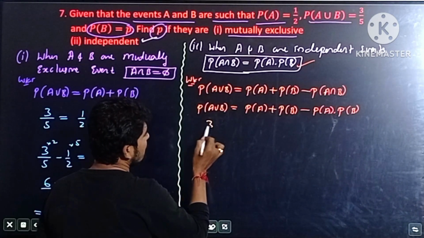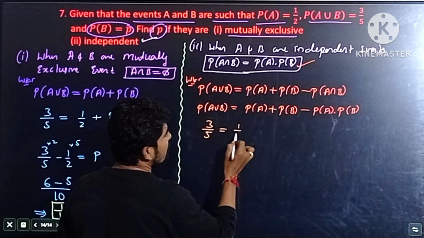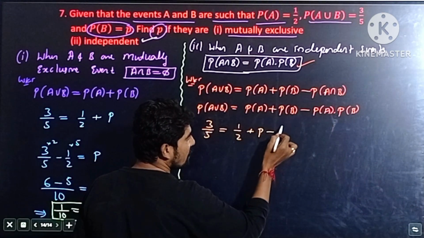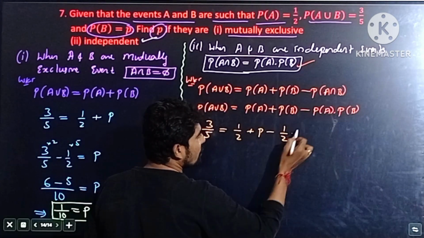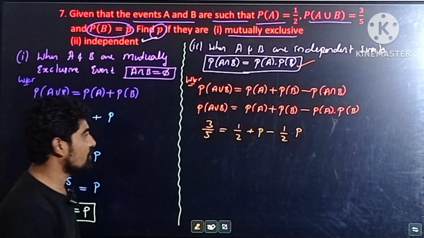Probability of A union B is 3 by 5, equal to probability of A, which is 1 by 2, plus probability of B, which is P, minus 1 by 2 into P. Now by this equation we need to identify the value of P.